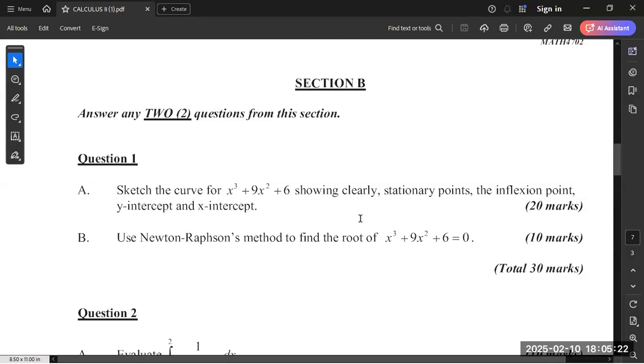So for fun, since all of you know how to do the stationary points, you can work the stationary point question in part A out of class and see how it relates to the Newton-Raphson in part B.